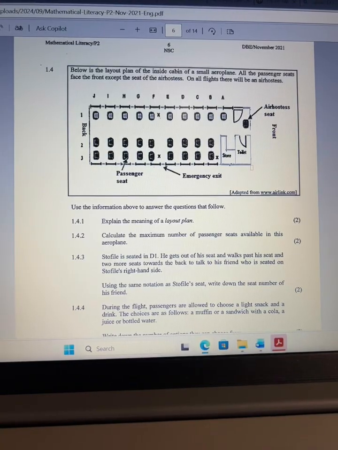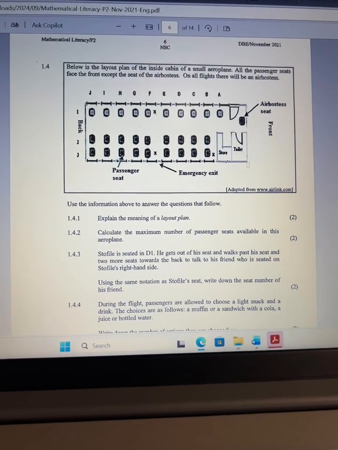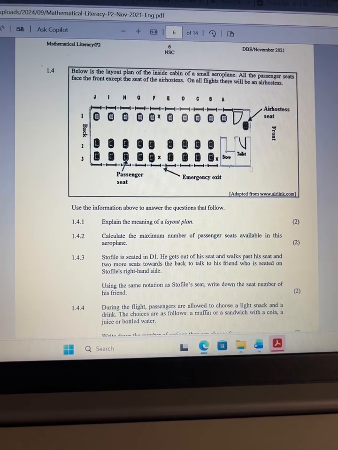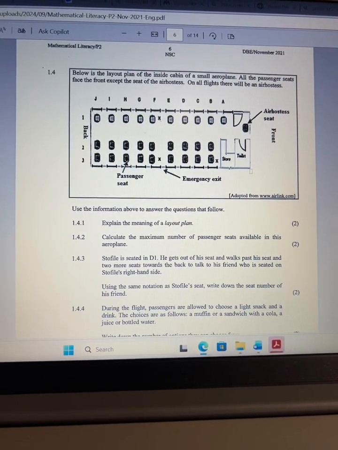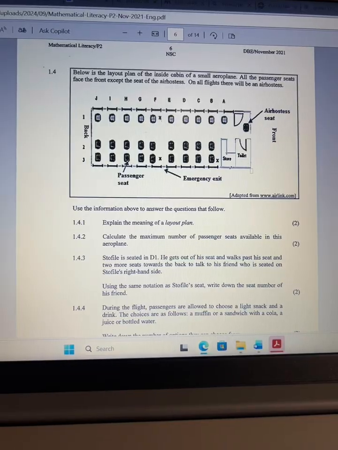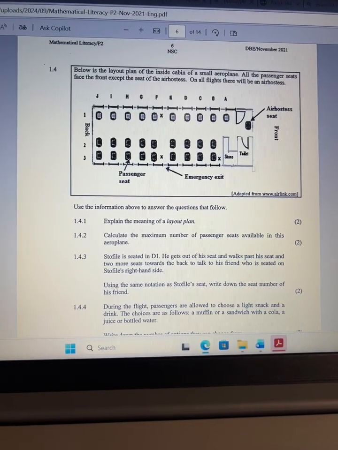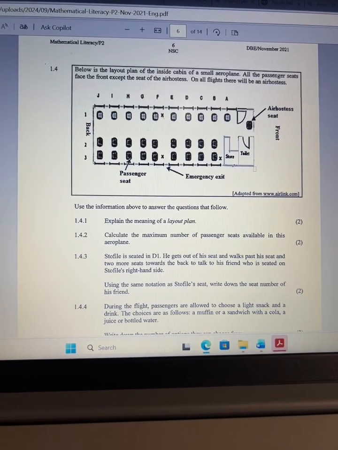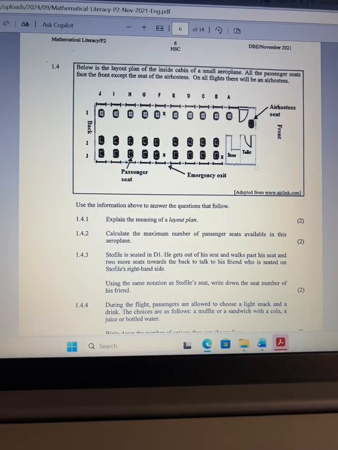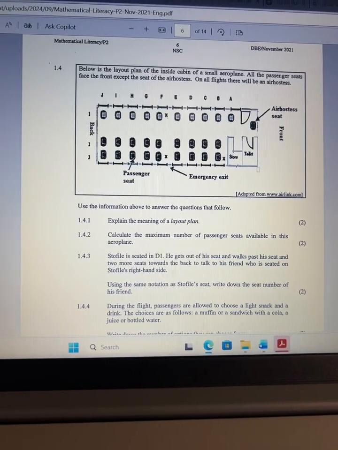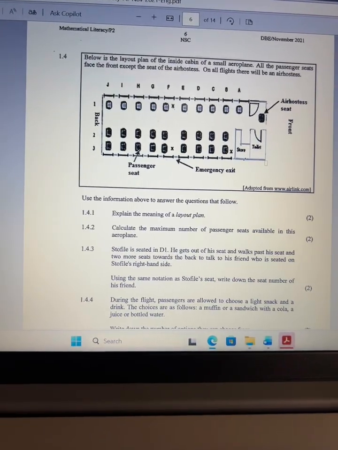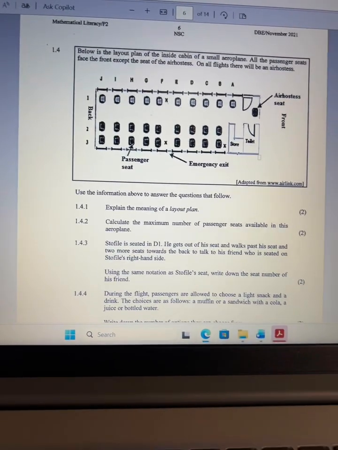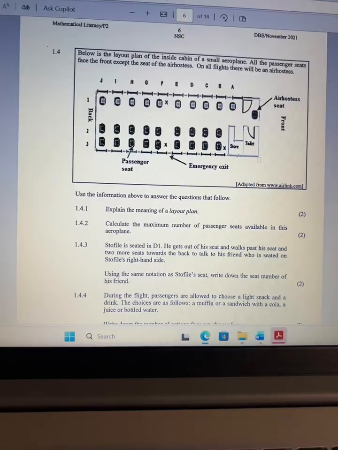And then we have row 1, row 2, row 3 at the back, and then we have the store, the toilet, passenger seat, the emergency exit, and after that a door. They said use the information above to answer the questions that follow, so we're going to start with 1.4.1. Explain the meaning of layout plan.